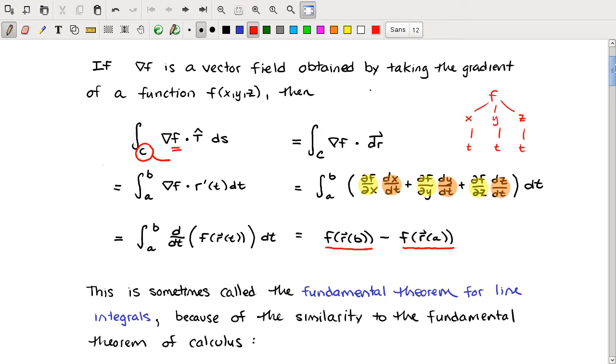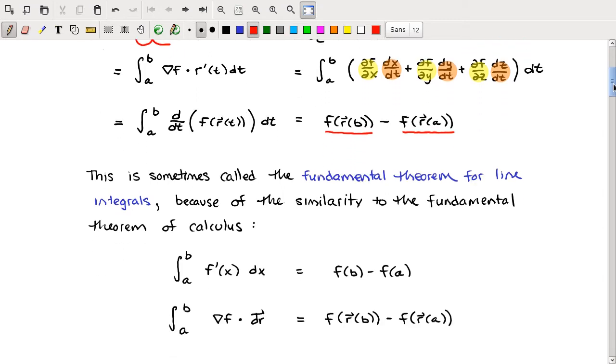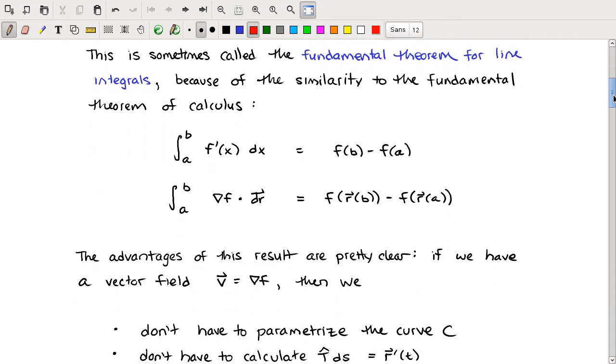So this is, as our book says, sometimes called the fundamental theorem for line integrals because it is exactly the same structure as the fundamental theorem of calculus from Calculus 2. The fundamental theorem of calculus said that if we are integrating the derivative of a function of x dx, we just evaluate the function itself at the end point and the starting point and subtract them.